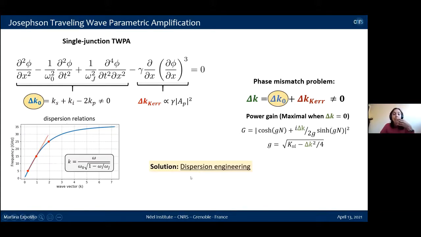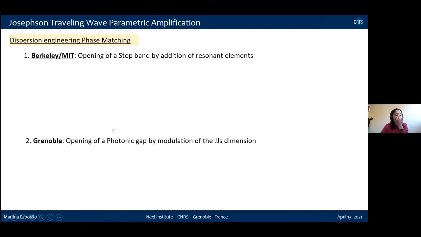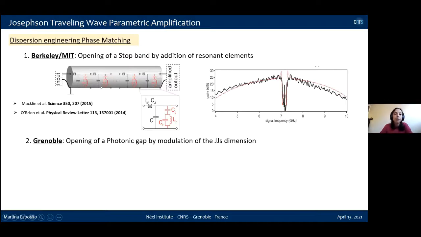So typically a possible solution is to use some dispersion engineering approach. In dispersion engineering, what you do is modify this term here by modifying your dispersion relations. So I'll give here two examples of devices in which dispersion engineering is adopted to obtain phase matching. In the first case, the dispersion engineering consists in opening a stop-band gap in the dispersion relation by adding a resonant element in the unit cell, basically.